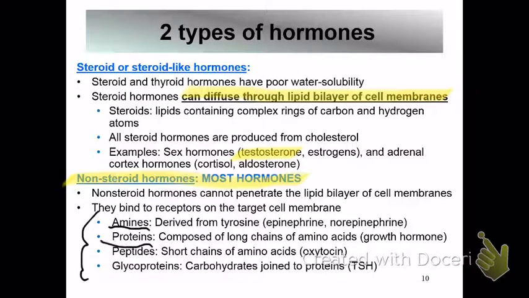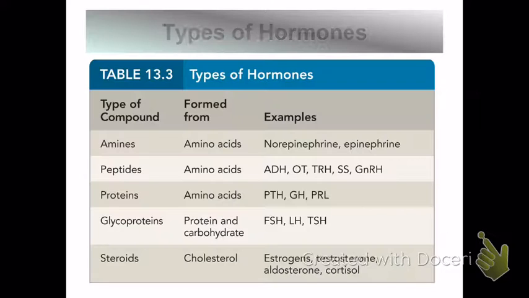Peptides are proteins, and glycoproteins are proteins with sugars attached. So most hormones are protein hormones, not steroids. This table will show you an example of some of each. And again, those examples will mean more once we talk about them.